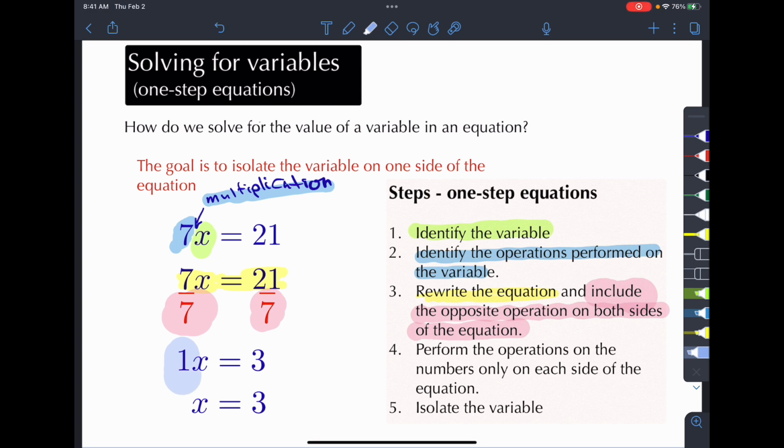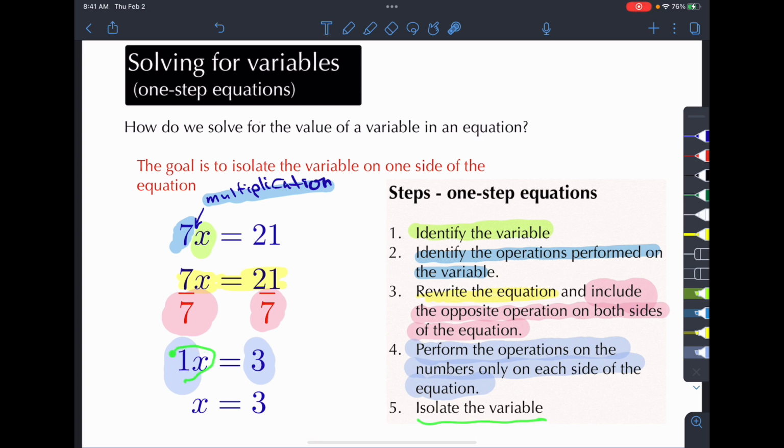And on the right side, we have 21 divided by 7. 21 divided by 7 is, of course, 3. So that is step 4. And finally, the last step, we isolate the variable.